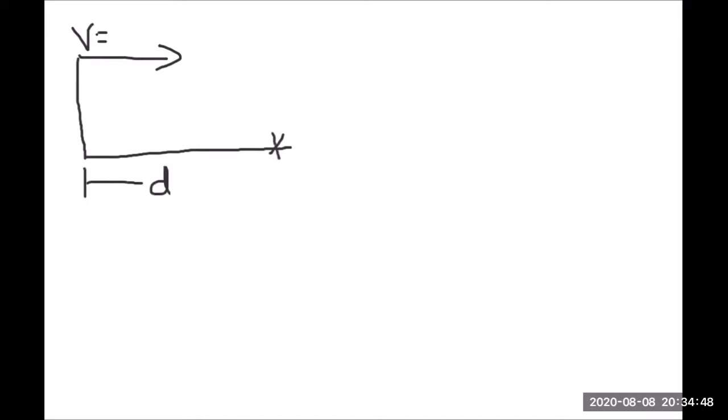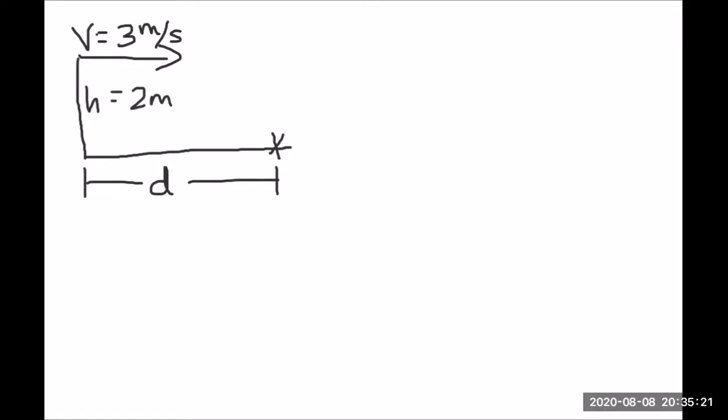All right, so let's say that an object is launched at 3 meters per second, perfectly horizontal, from a height of 2 meters, and I want to know how far away it would land.